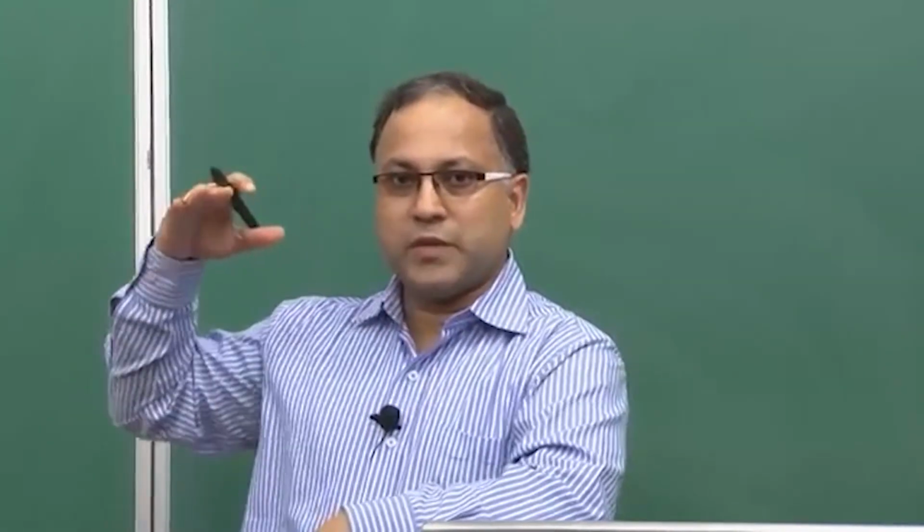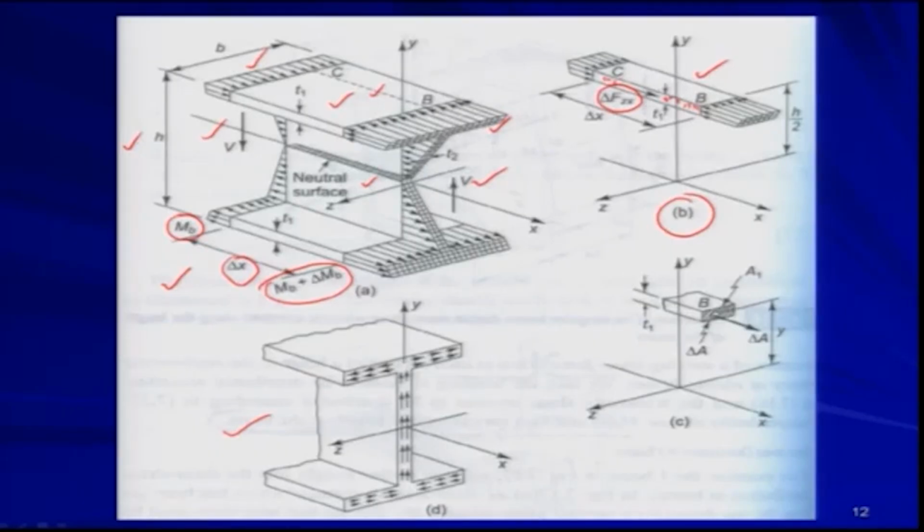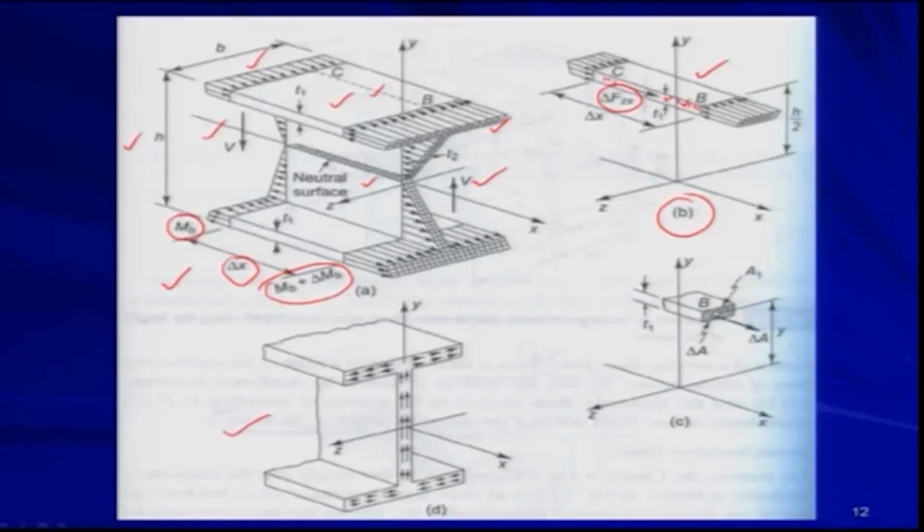That force was satisfying the equilibrium, but in this case there is no other face to do so, because the bottom face is not continuous, the bottom part is hanging. This is the web, and there you have the flange, so the flange is kind of hanging. The bottom surface is not participating in satisfying the equilibrium. So, this is the surface on which the force delta Fzx is developed to maintain the equilibrium in the x direction.